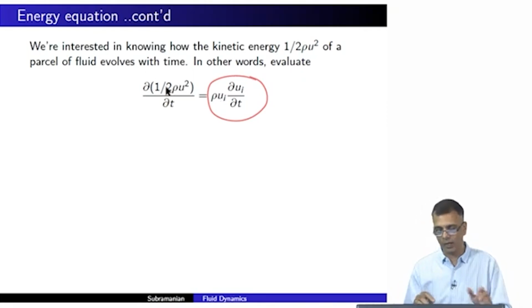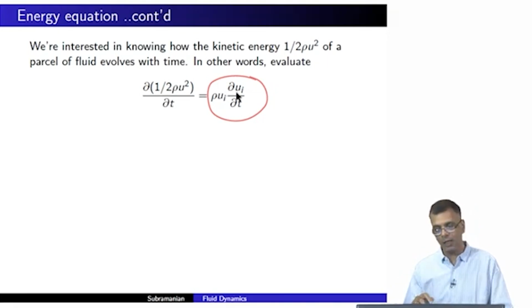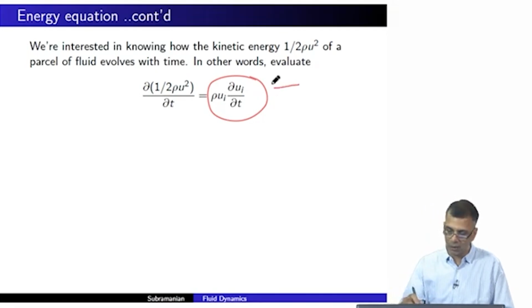Okay, and the 2 and the half cancel, and that's all this is. Okay, and since there is a repeated index, it implies a summation. So let me write this down. Summation implied.